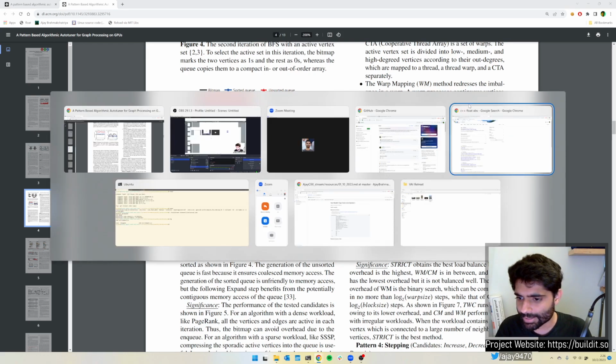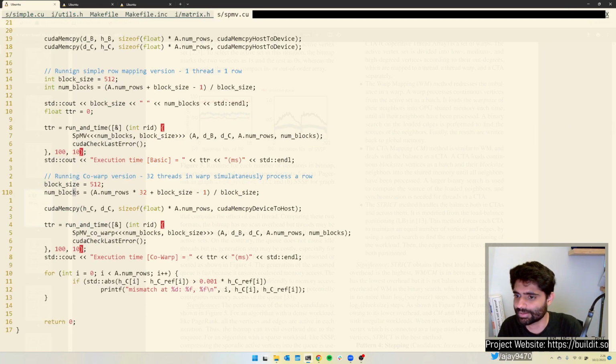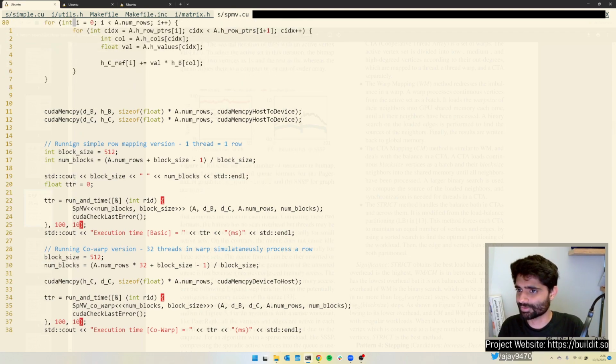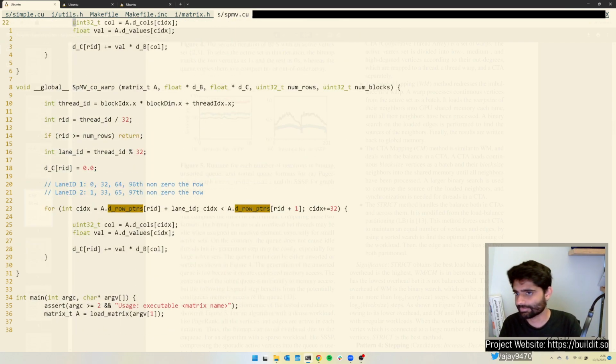But going back to our terminal, we reached a point where we implemented basic and co-op, and we got slight performance improvements on a graph which has 4 million non-zeros. Next time we improved some performance.